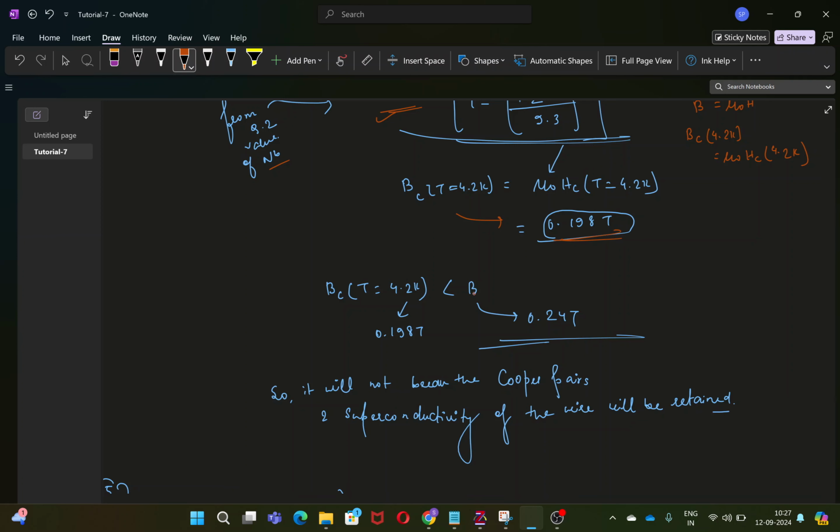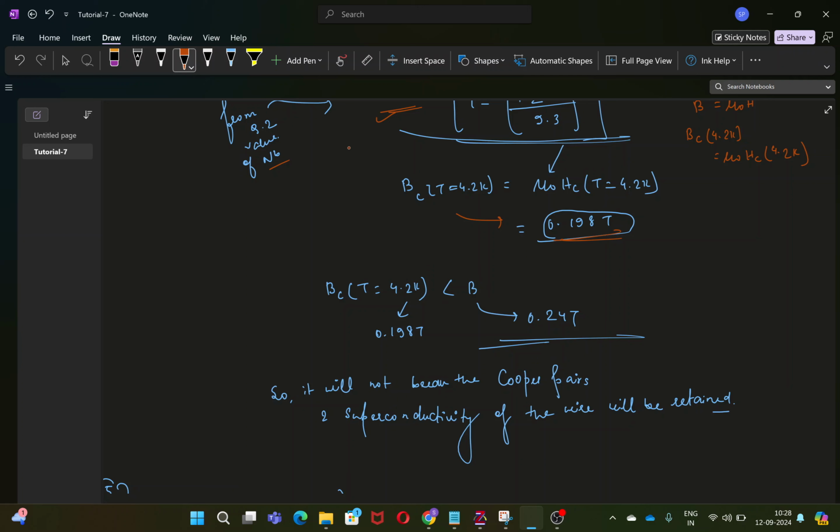Now you can see that this critical field value at 4.2 Kelvin is lower than the magnetic field that is generated by the current sent through the niobium wire, right? So this is 0.198, which is the critical field of the niobium, and the field that is generated by the current being carried by the wire is 0.24 Tesla, which is greater than the critical field value at 4.2 Kelvin.